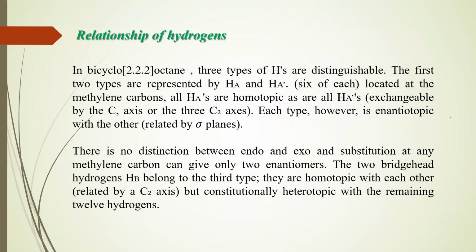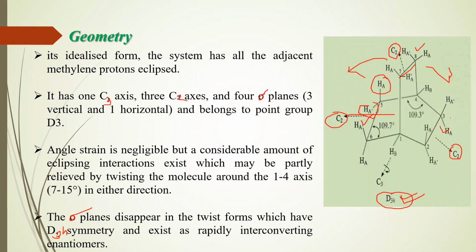In the relationship of hydrogens in bicyclo 2,2,2-octane, here is the interconversion of the hydrogens H, H dash, HA, HA dash and HB.